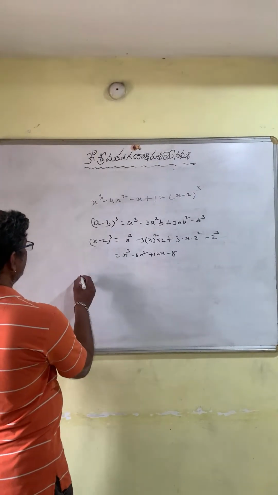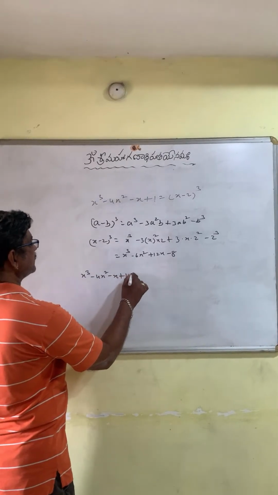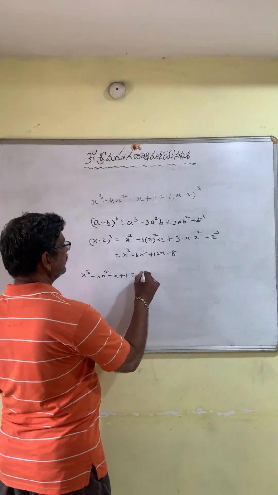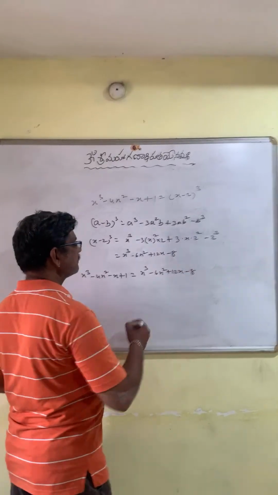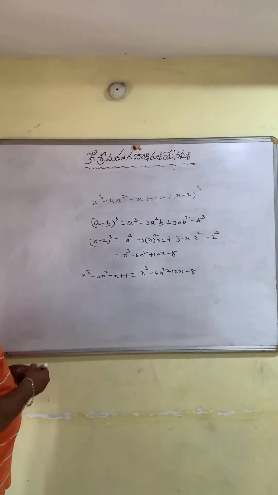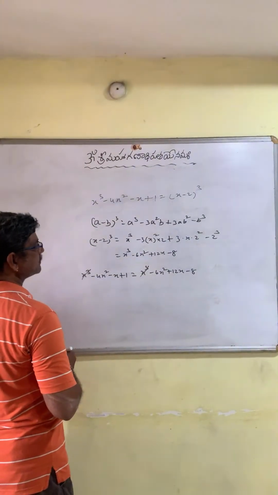Now x cube minus 4x square minus x plus 1 is equal to x cube minus 6x square plus 12x minus 8. So here we can cancel x cube on both sides.